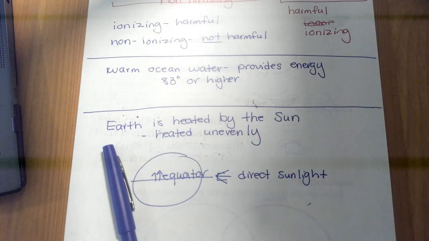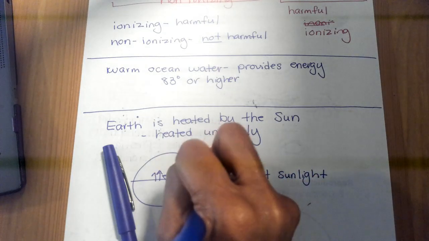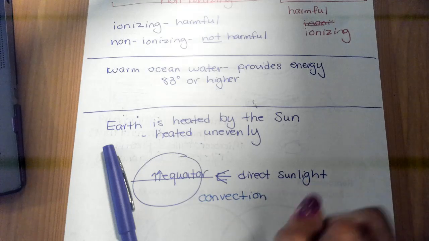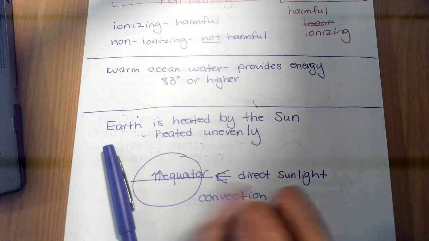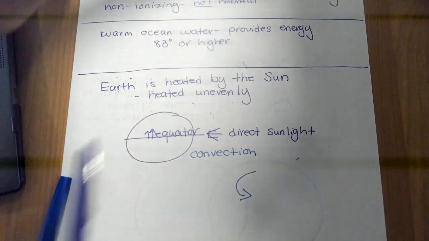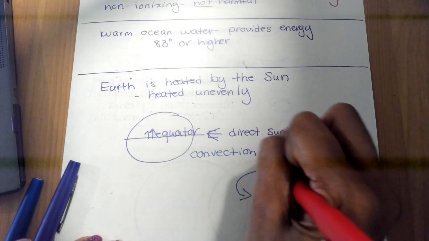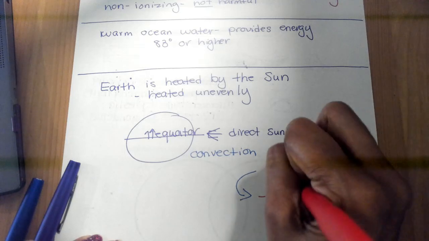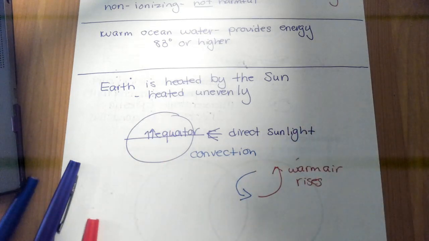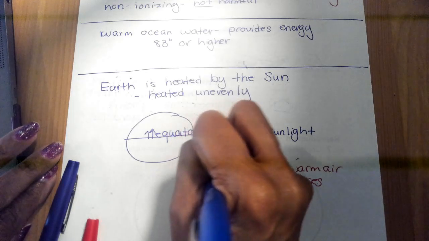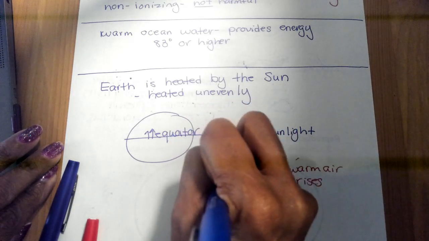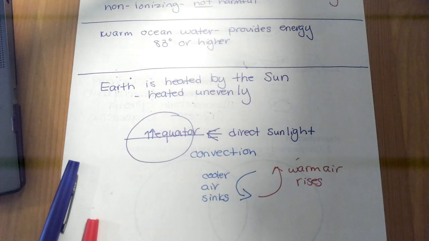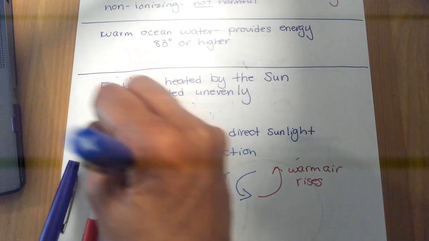So remember, we talked about convection. Okay, and this is where cold air sinks and warm air rises. Okay, so warm air rises and cooler air sinks. So Earth is heated unevenly because of convection.